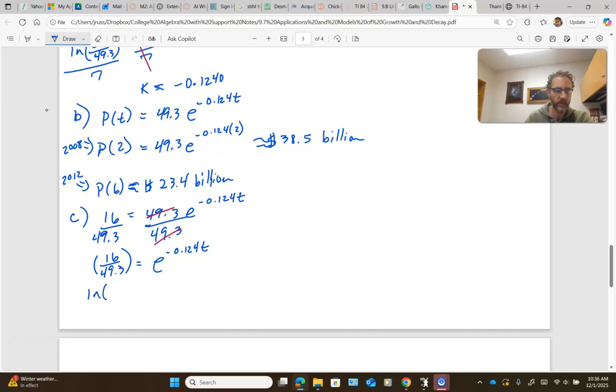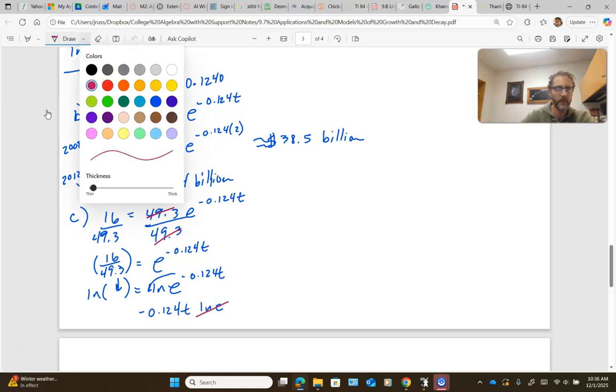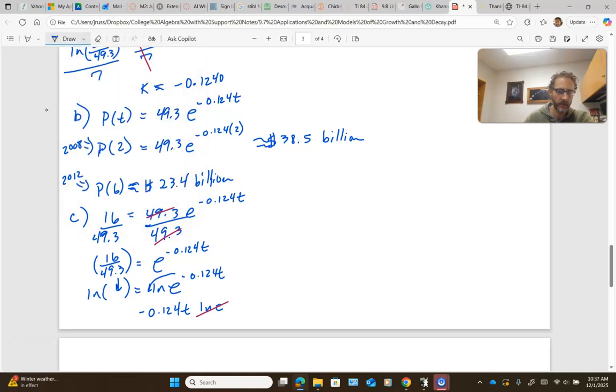And we'll take the natural log of both sides. That'll move this exponent out in front, so we'll have negative 0.124 times t times the natural log of e, which will turn into 1, or go away. And that will be equal to the natural log of that quotient, 16 divided by 49.3. And then the last step here will be divide both sides by k.